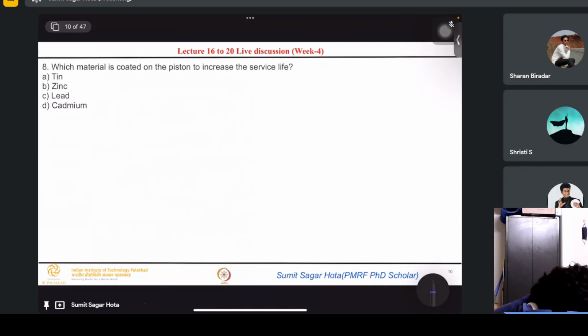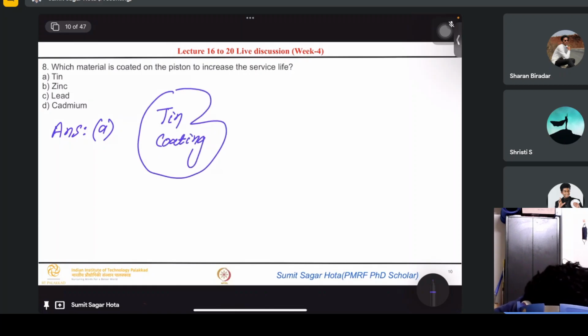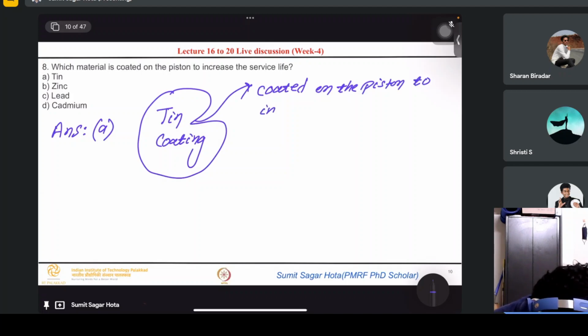Okay, so the coating is of the material tin, coated on the piston to increase the service life.